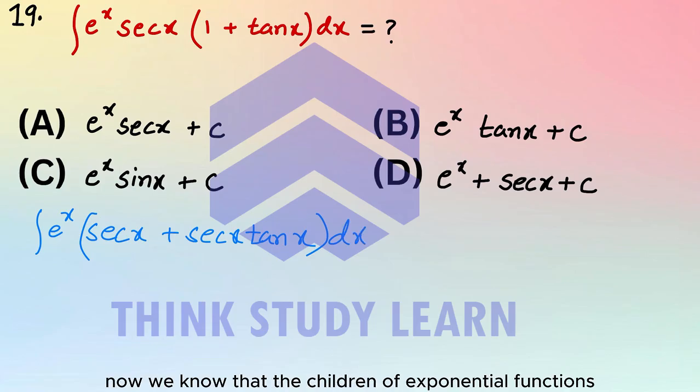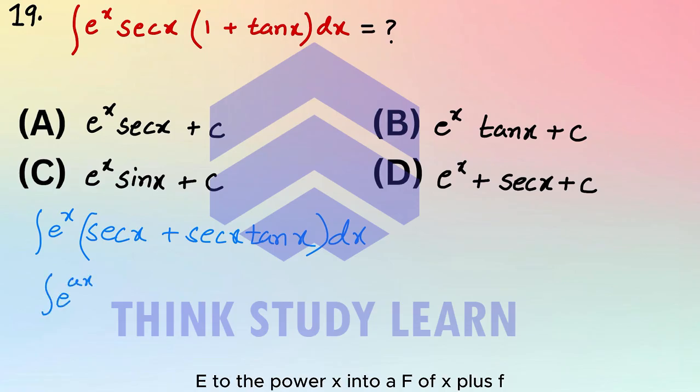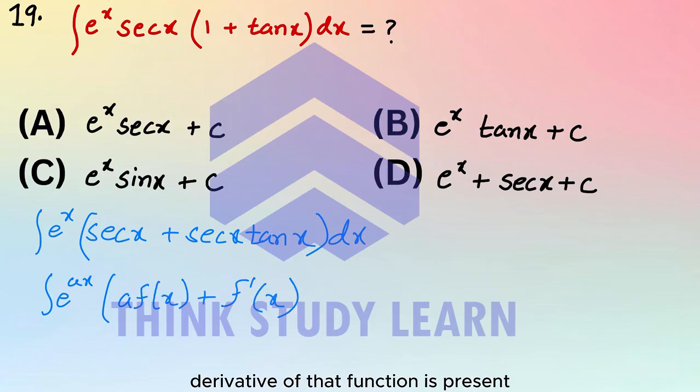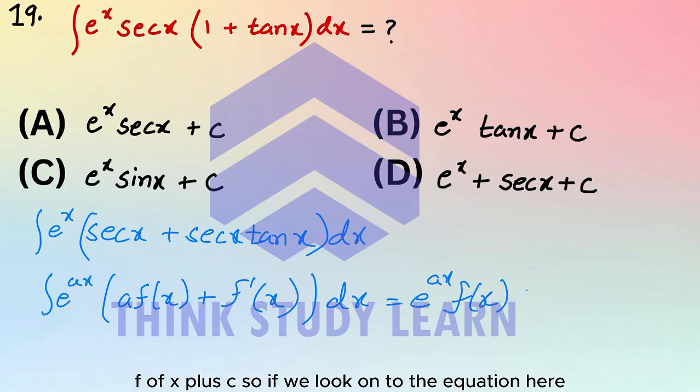Now we know that the theorem of exponential function states that if the integration of e to the power ax into a f of x plus the derivative of that function is present, then that integration will be equal to e raised to the power ax f of x plus c.